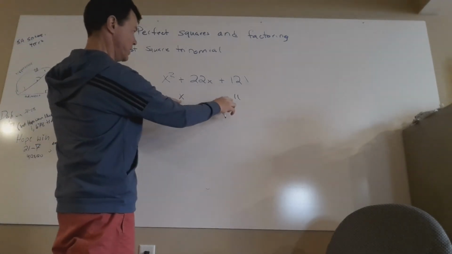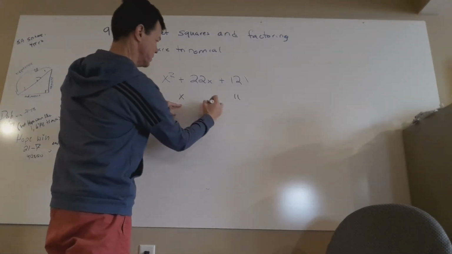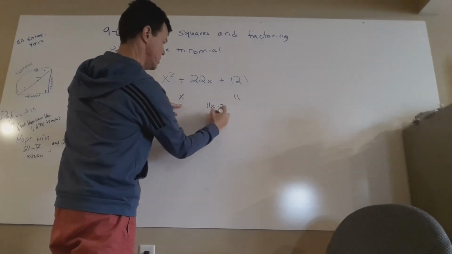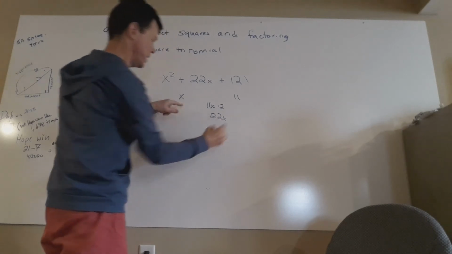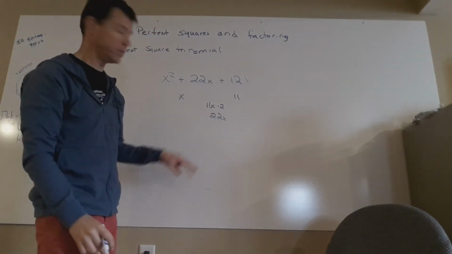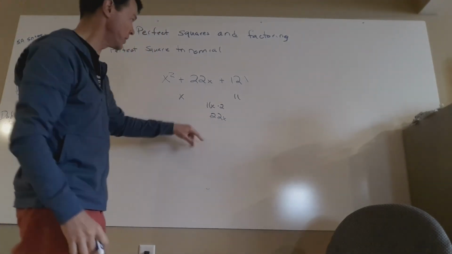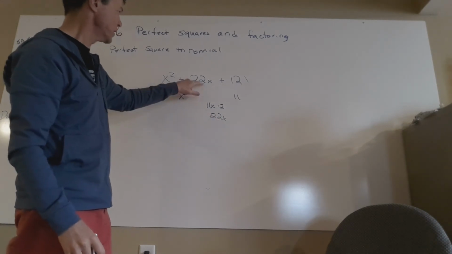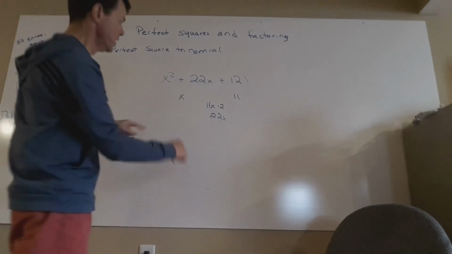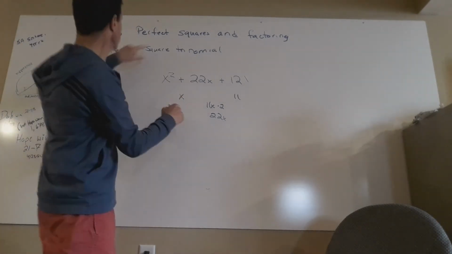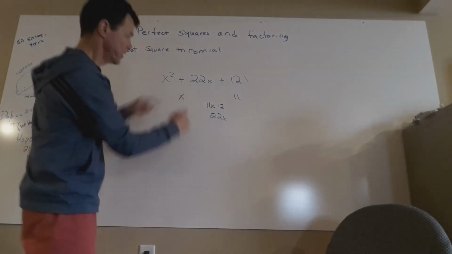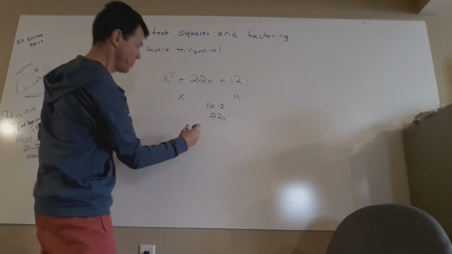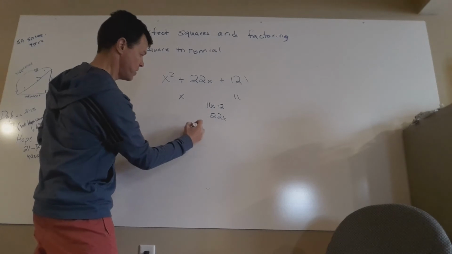X times 11 is 11x, times 2, 22x. All right, this is the kind of thing you can do in your head. I'm just writing it down to show you what our thought process is. After I get 22x, it matches what's in the middle here. So this is going to be a perfect square trinomial. We can factor this easily using that format that we had learned just a minute ago.